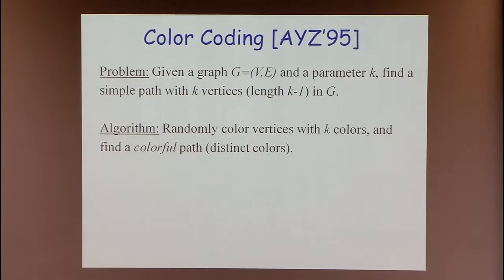Instead of considering all possible groups of vertices of size k, you start by randomly coloring the graph with k colors. And now you are trying to identify subsets of vertices that are colorful, that all of them have distinct colors.